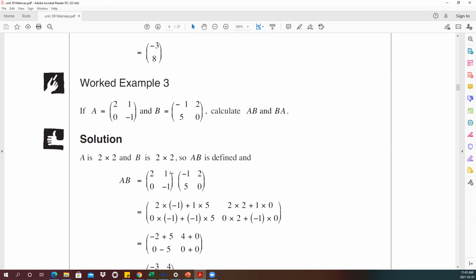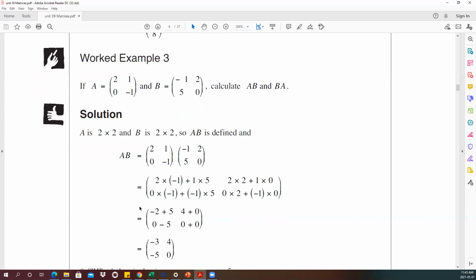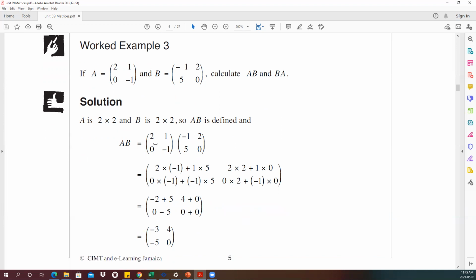Because look at this, this is top and this is left. So put the result in the top left. Then right here, this is bottom, this is left. Put the result in the bottom left. Over here now, this is top, this is right. Put the result in the top right. This is bottom, this is right. Put the result in the bottom right. So it tells you where to put it. Some people are confused, but that is what you can use to remember.